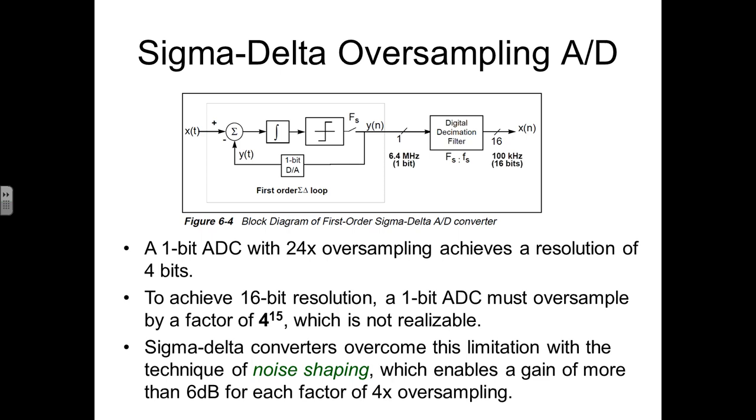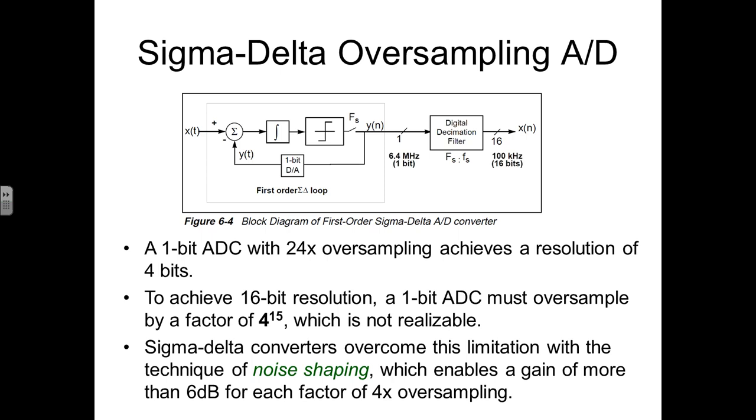A to Ds work. Now, if you think about why this is so helpful, well, a 1-bit A to D converter is pretty simple. It's just a comparator. Is it above a certain level or not? And so that's very simple to make.